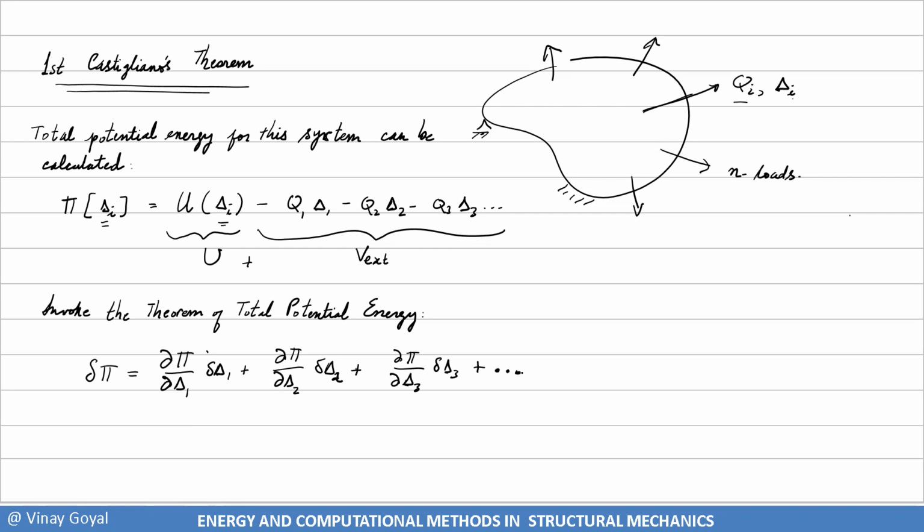So in this example, when I set this equal to 0, I find that the derivative of pi with respect to delta 1 is the derivative of u1 with respect to delta 1 minus q1 delta 1.